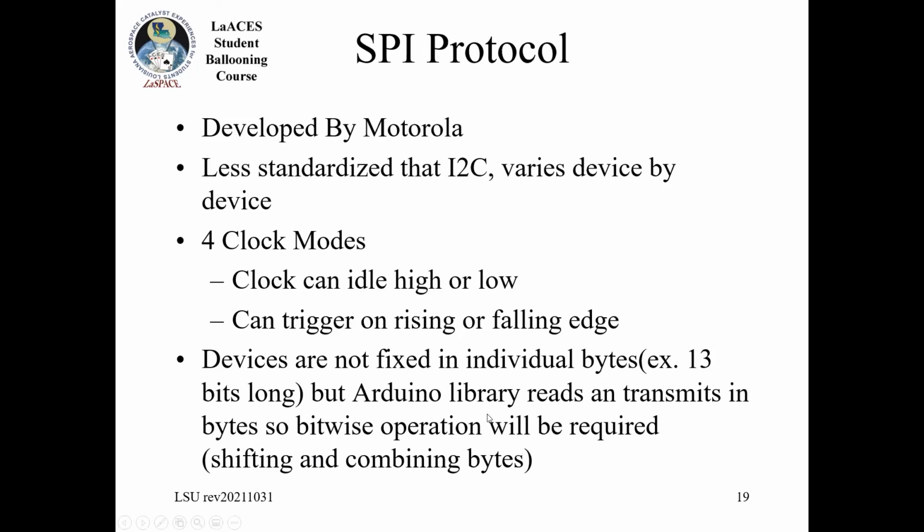However, the way the Arduino libraries work is you basically always are operating in bytes. So if you have one of these weird situations where it doesn't evenly go into a number of bytes, you have to use those bitwise operators that we talked about and manually shift the bits around and combine them. But that's not something we're really going to get into here. Just something to be aware of if you're trying to use the SPI.